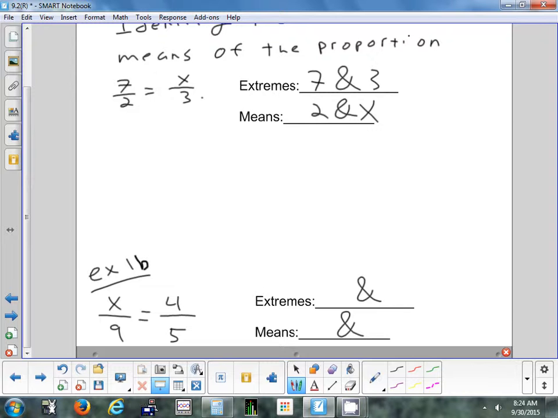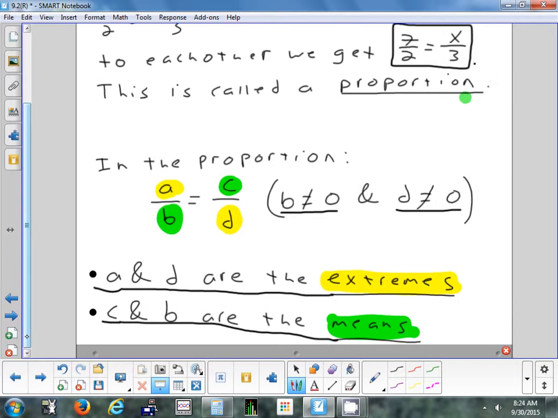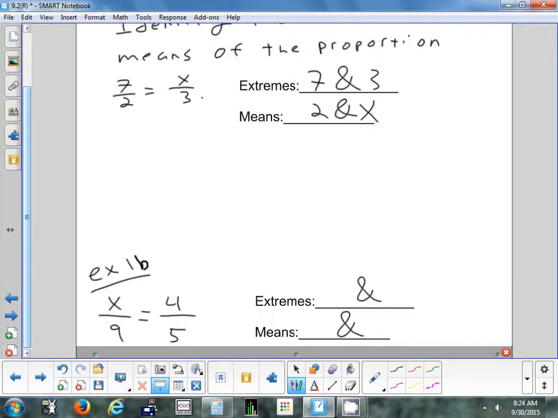X and 9. Are those on a diagonal from each other? No. Remember, they're always on the diagonal. So it'd be X and 5. Yeah, X and 5. And Jalen, how about my means? 9 and 4. Yeah, 9 and 4. Any question on that one?